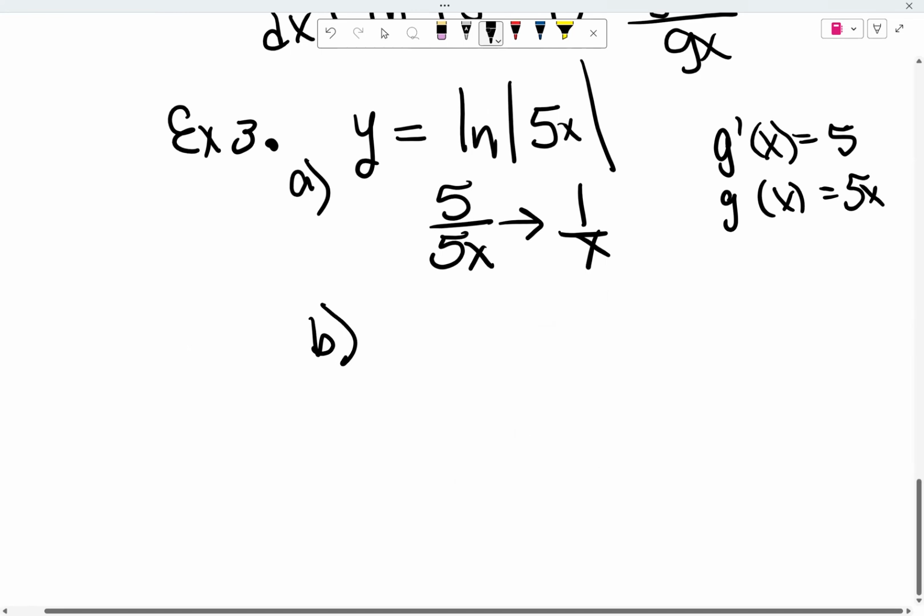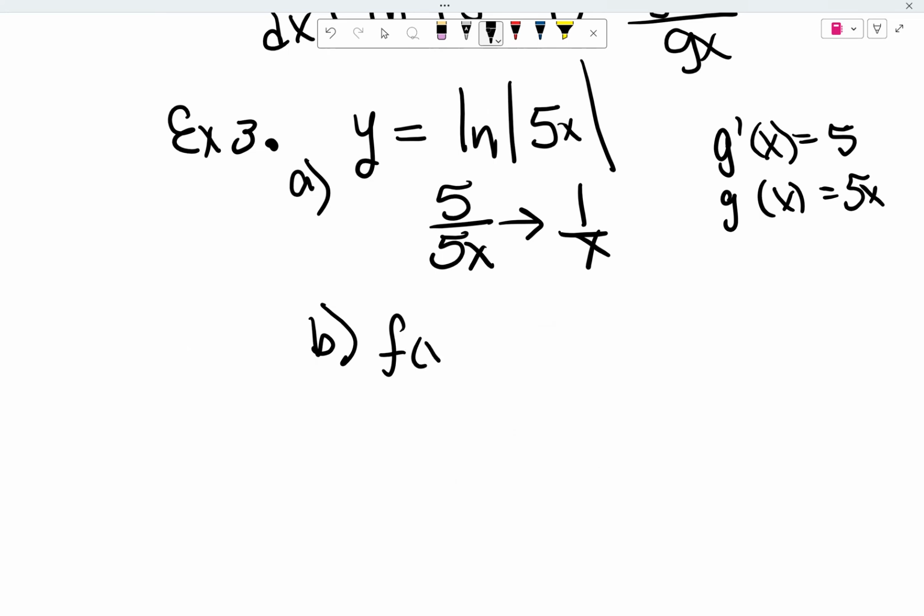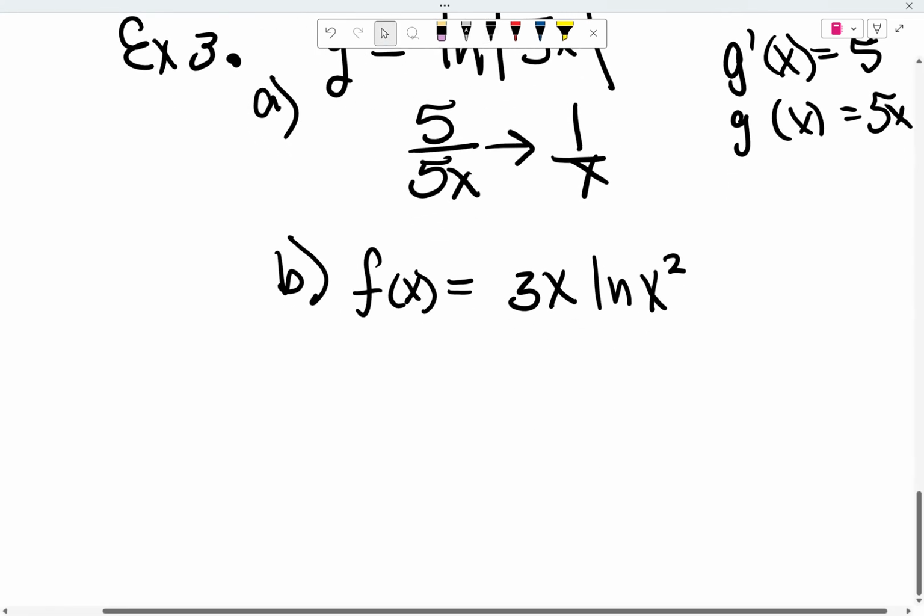Here comes B. In B, I'm asking you to find the first derivative if I give you the function f of x, and I say to you that it is equal to 3x natural log of x squared. So again, this is basically going to be our product, so we're going to use the product rule.